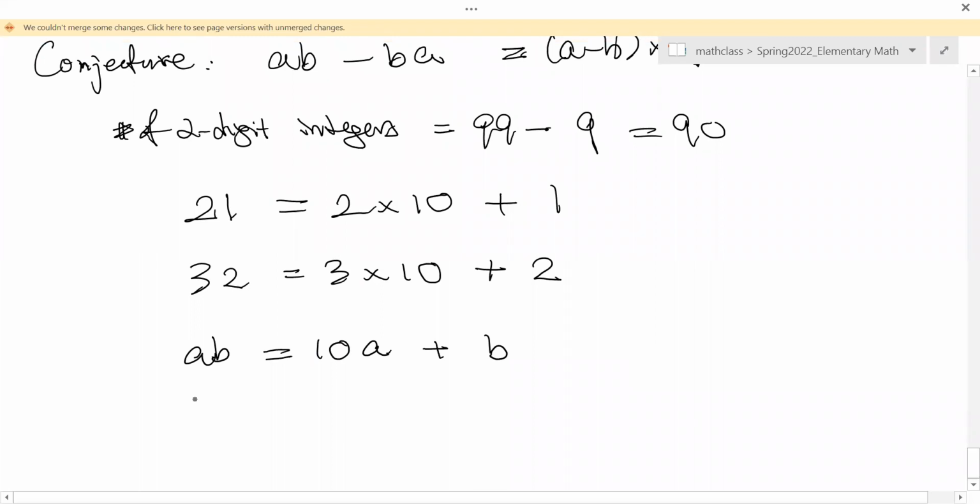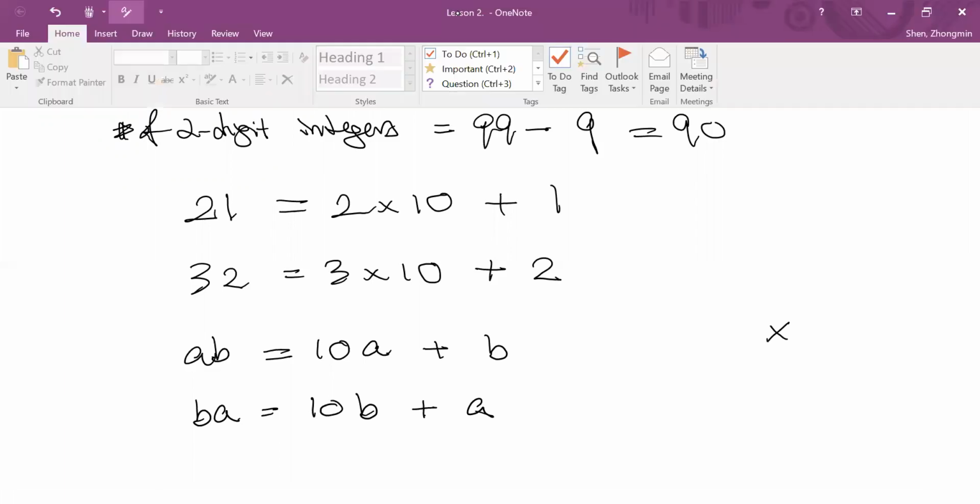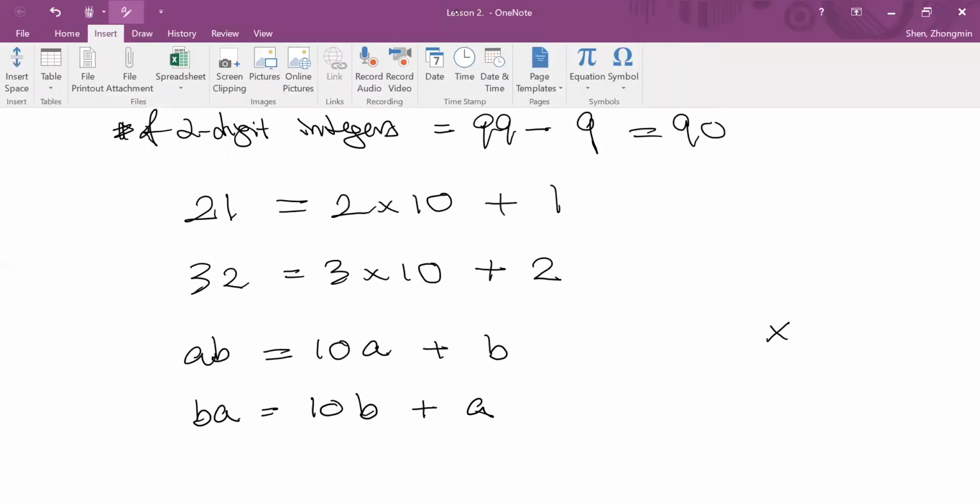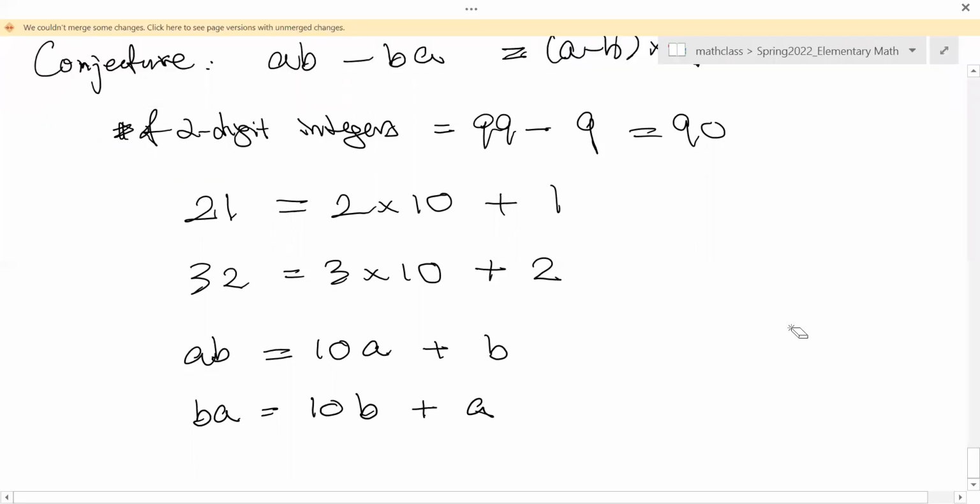So BA, if we exchange these two digits, is 10 times B plus A. When we involve variables, I don't use a cross for multiplication, because it is easily confused with X; in handwriting it looks like X. We use a dot sometimes, and sometimes you don't even need the dot. The dot means product.